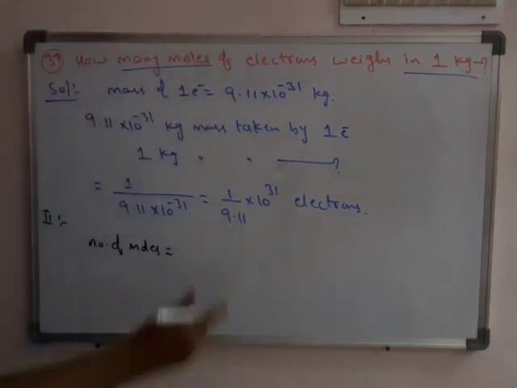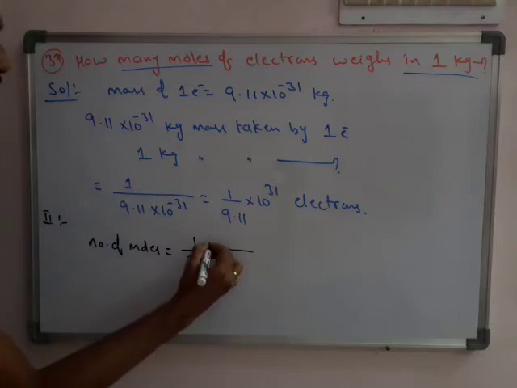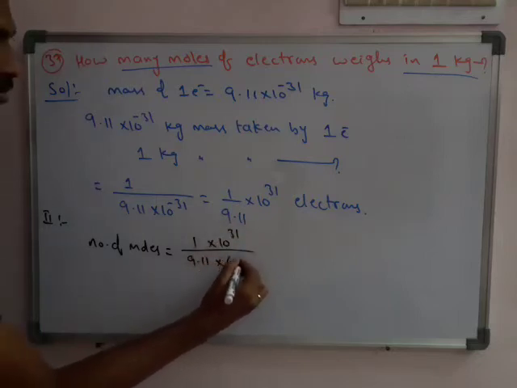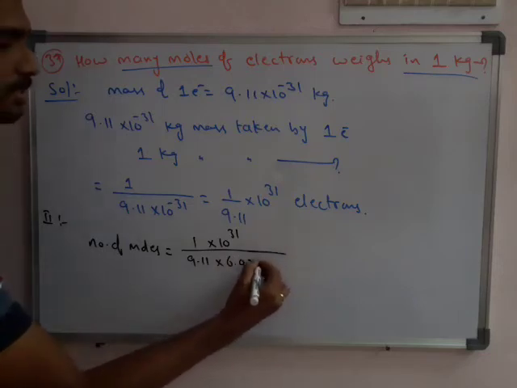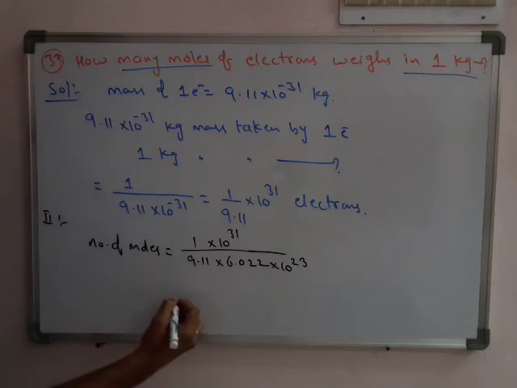So how much is the number? 1 by 9.11 into 10 power 31 by Avogadro number 6.022 into 10 power 23.